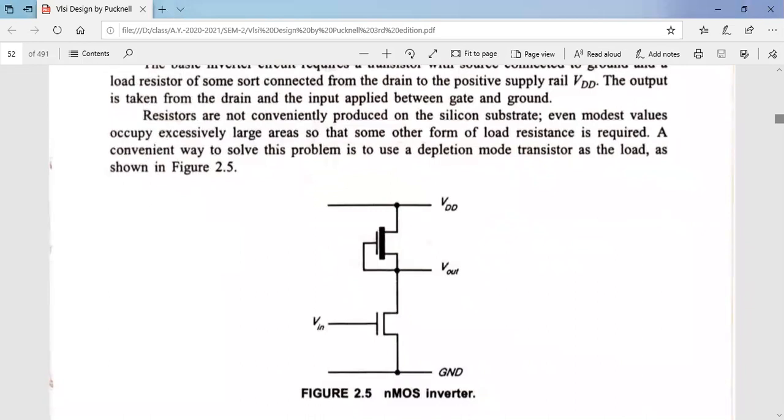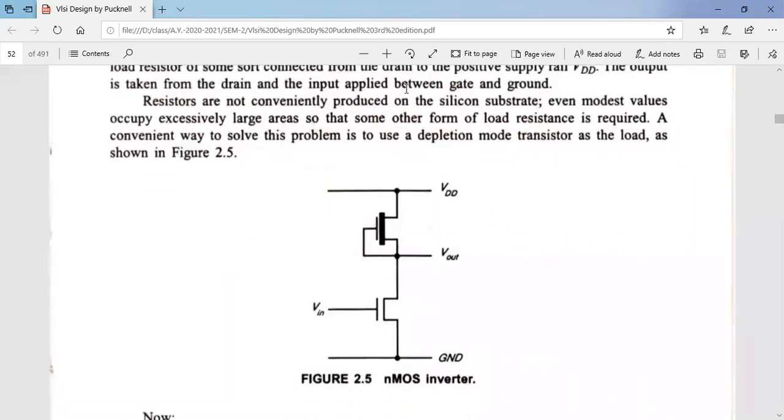So generally I am using an NMOS transistor here, and this NMOS transistor is an enhancement mode transistor, right?